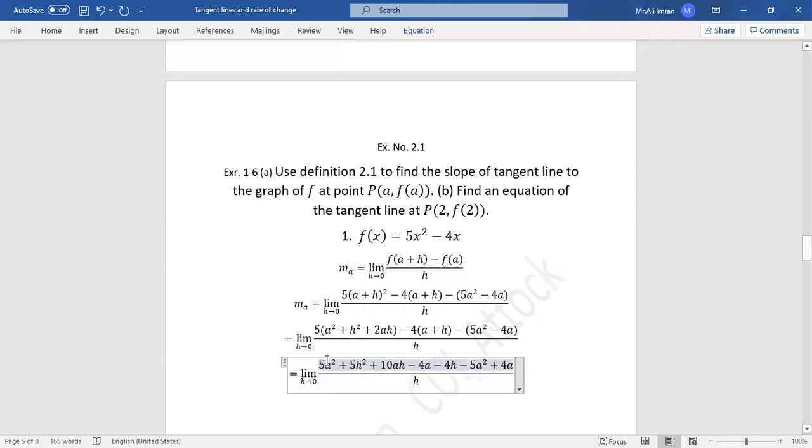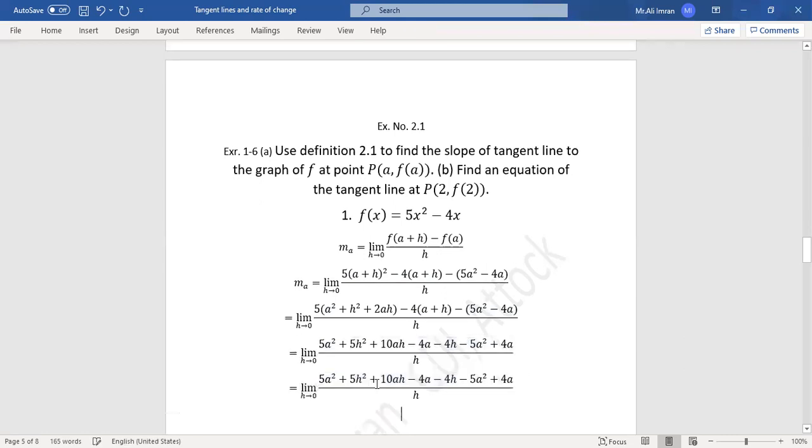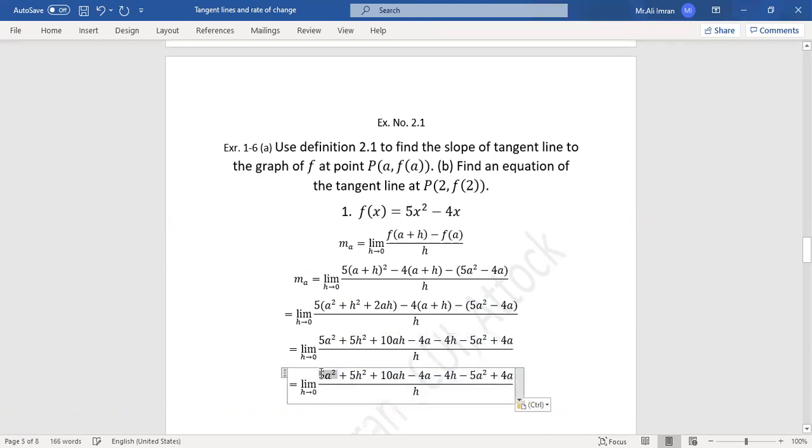Now 5a square is cancelled with minus 5a square, and minus 4a is cancelled with plus 4a.